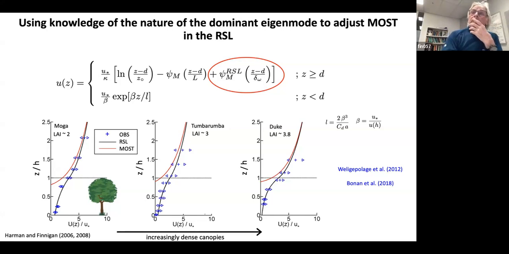We've now got another dimensionless group we can form, as well as Z upon L, the Obukhov length. We can get Z upon the vorticity thickness. And note that we've changed the origin of Z to the displacement height, the height at which the momentum in the canopy is absorbed by the trees in the canopy.